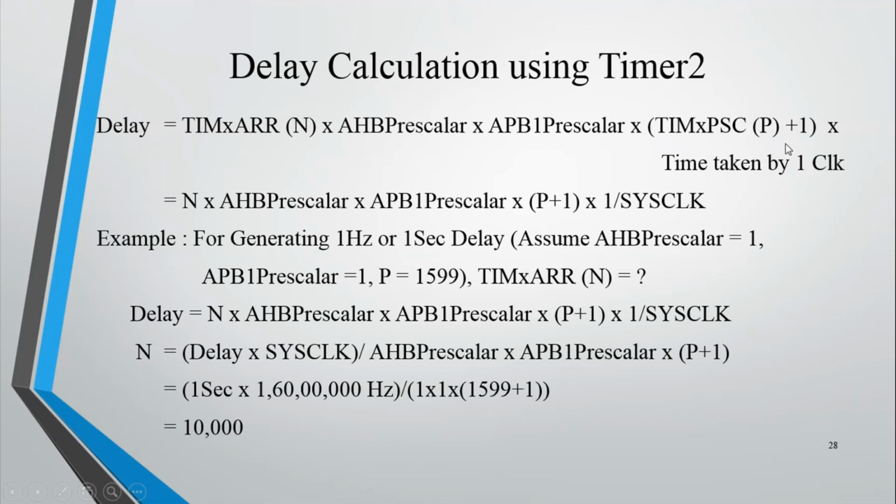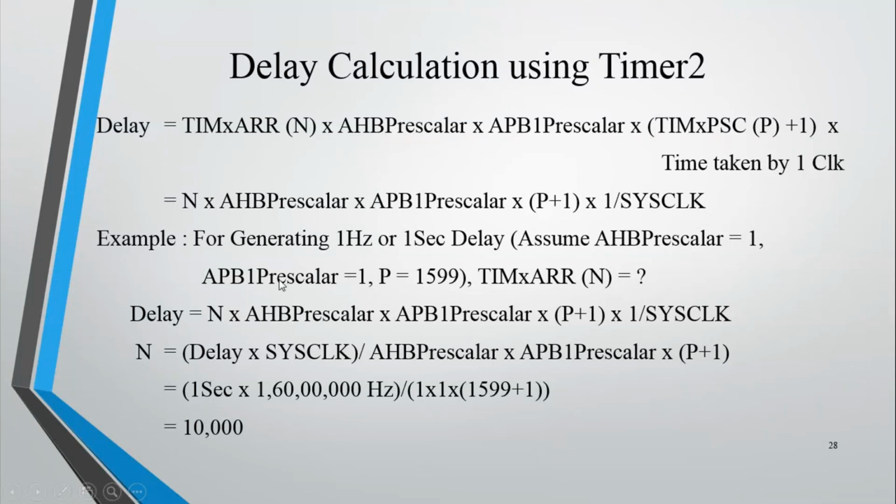The timer prescaler is nothing but you need to add 1 to it, as I have told that prescaler ratio is nothing but timer prescaler plus 1. So these three prescalers also should be added. I am substituting P for the PSC timer prescaler, and N for the auto reload value.